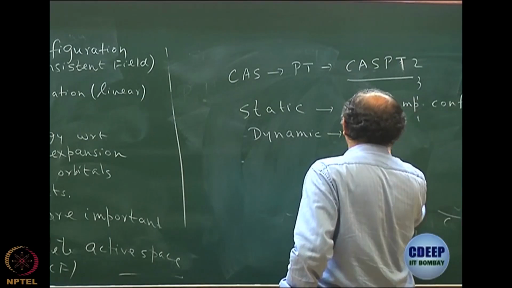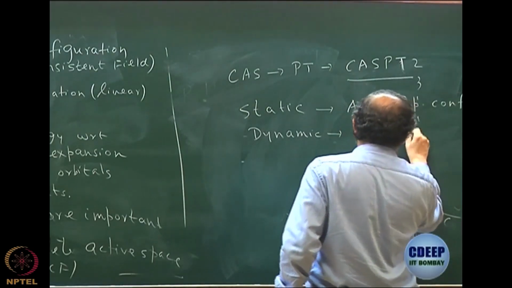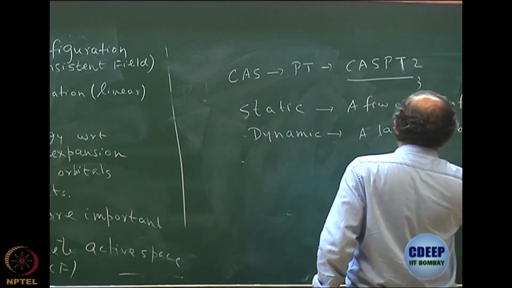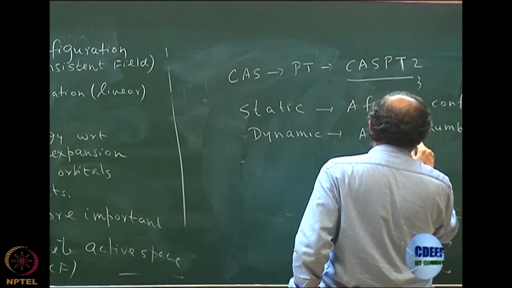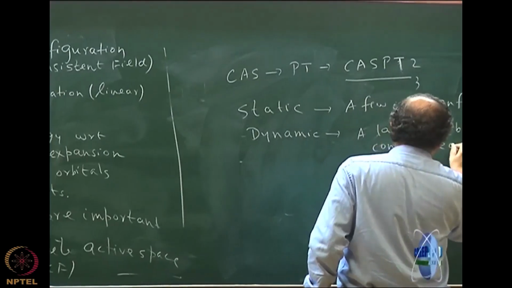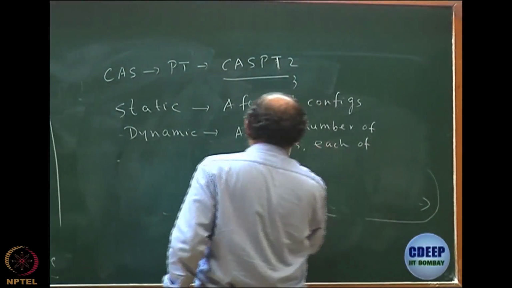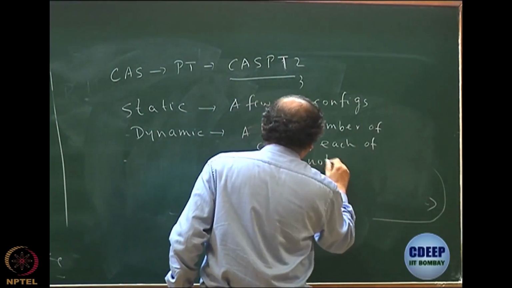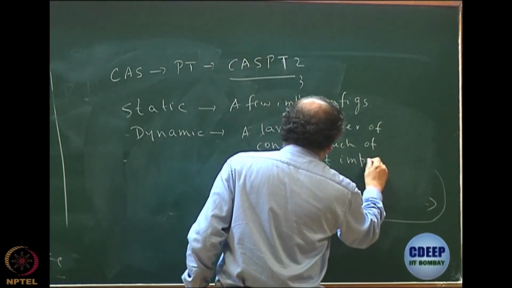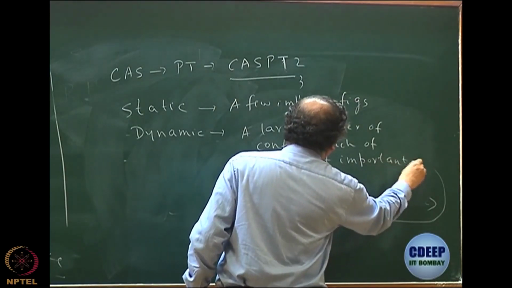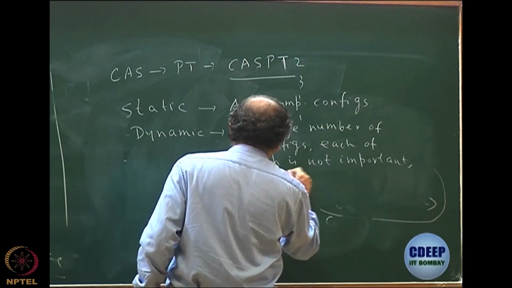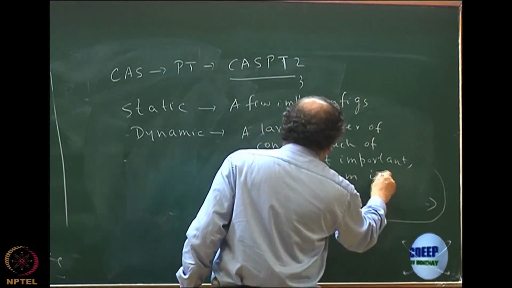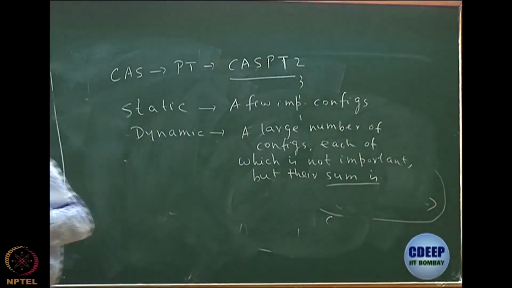Dynamic comes from a large number of configurations, each of which is not very important. But their sum is. So, the sum is important or the sum cannot be neglected. So, I have to sum them also.